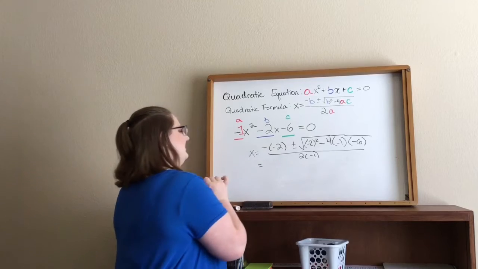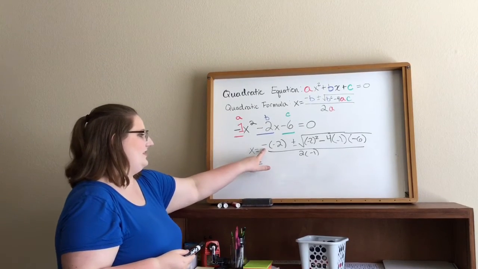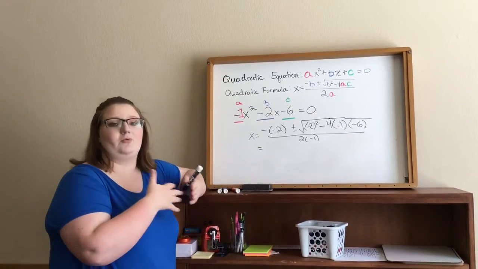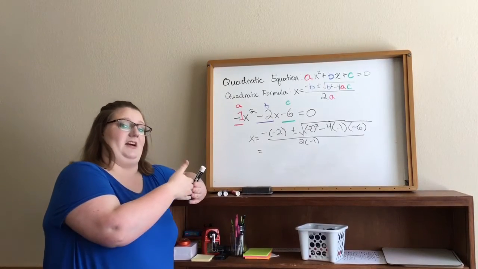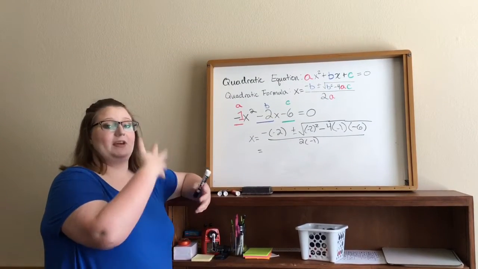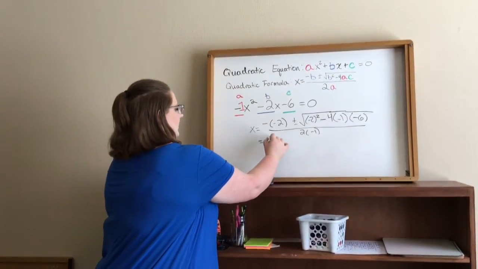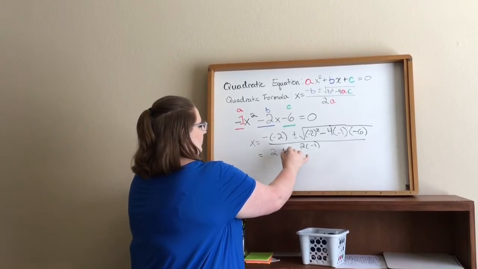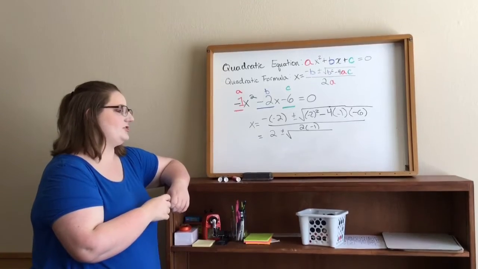Then we're going to go through and simplify. So this time, when we start with negative negative 2, we can simplify that. We normally don't write two negatives next to each other. When we have a negative beside another negative, we know we can change that to a positive. So negative negative 2 is going to switch to positive 2. Plus or minus the square root of, and then we simplify what's in our square root.